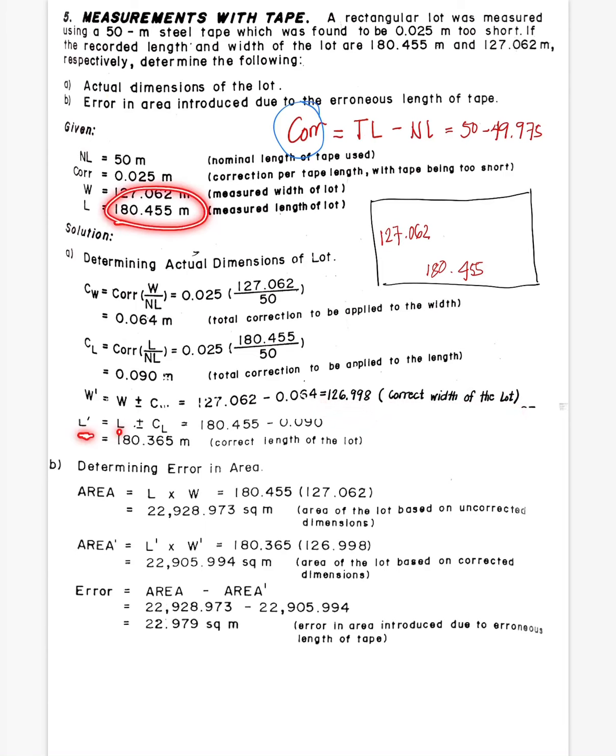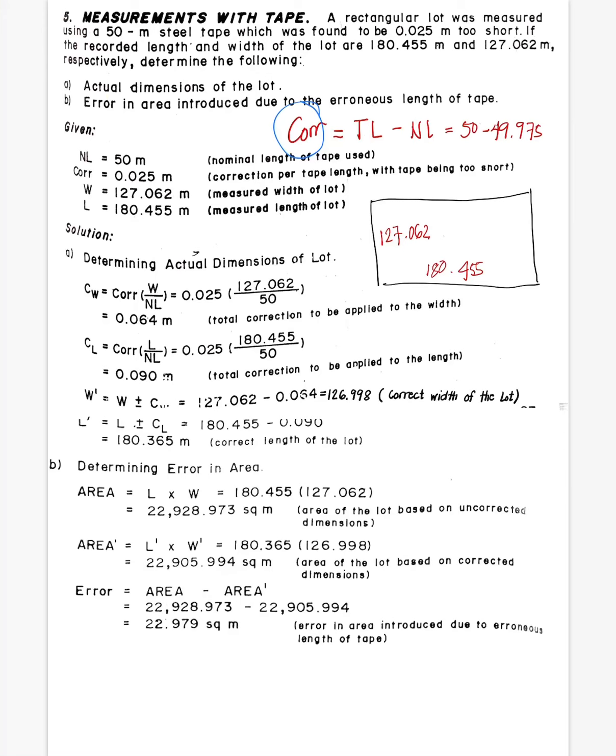And then for the length, you have the length given plus or minus. Okay, so it depends if that is measured or laying out. So in our case, that is measured and that is too short, so minus. So you have the length of 180.445, minus the correction of 0.09. So your corrected length is 180.365.